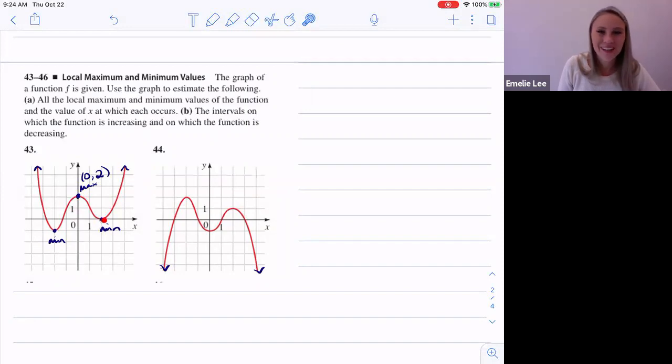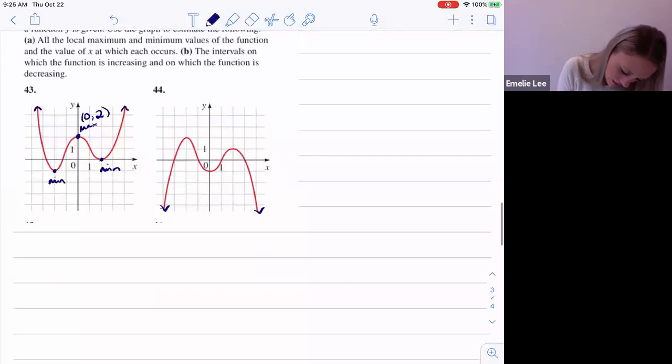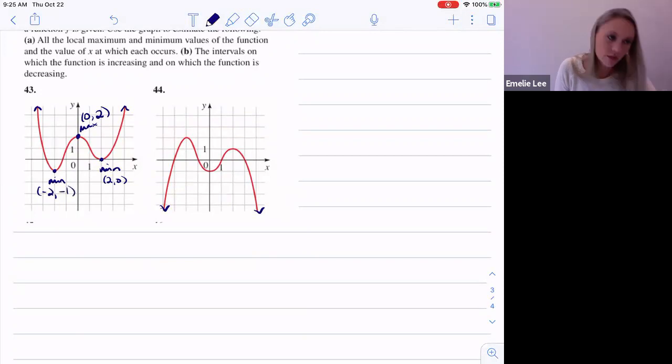For this not-so-minimum, it's a little bit higher than the other minimum, so let's deal with this one first. This is at x equals 2 and y equals 0. And then for the last minimum, it looks like I'm at x equals -2 and y equals -1.